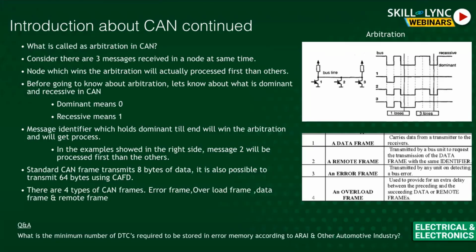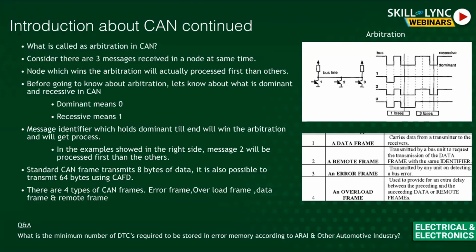The second and third messages have the dominant edges, but the first message has the recessive edge. So who is exactly losing here is your message one.